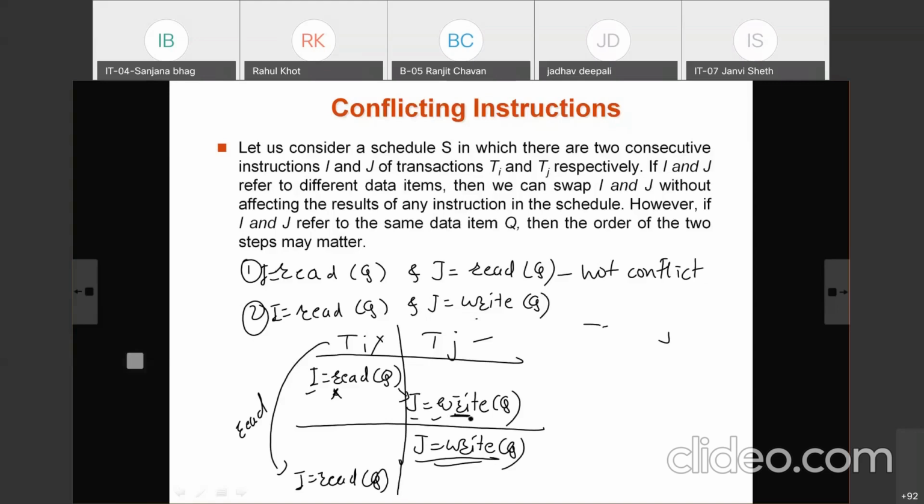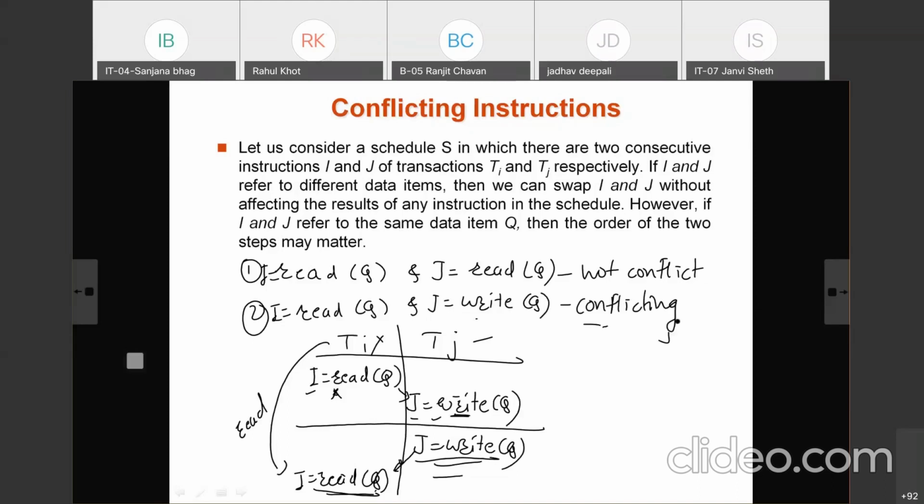But if I execute in the opposite way, first J and then I, then transaction Ti can read the value of Q which is written by transaction Tj. This means order matters. We cannot swap these instructions, so we call these conflicting instructions, and I and J conflict with each other.